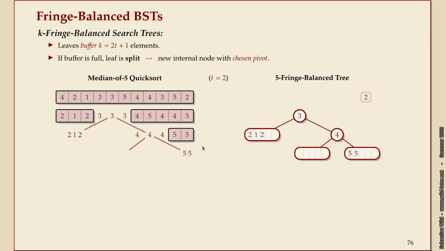So whatever we've learned about median of k quicksort, or you trust me that there's literature that analyzed these, you can apply the same thing to these fringe balanced search trees, if they are a thing. Of course, you could build these. You could say I'm doing a binary search tree, and I'm not going to rebalance them.